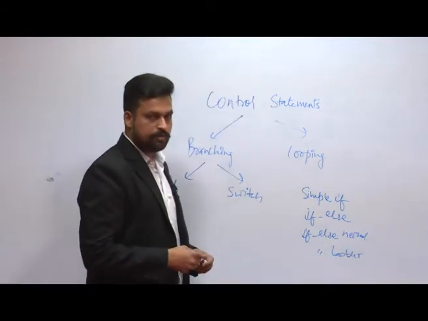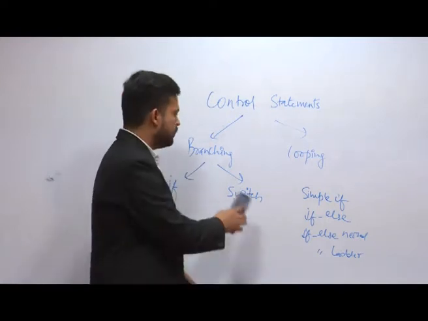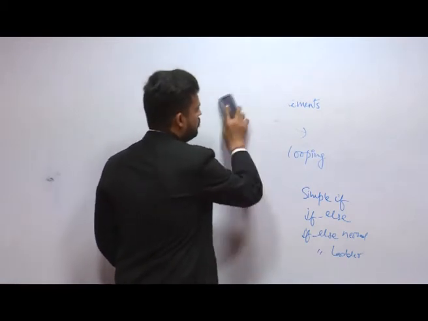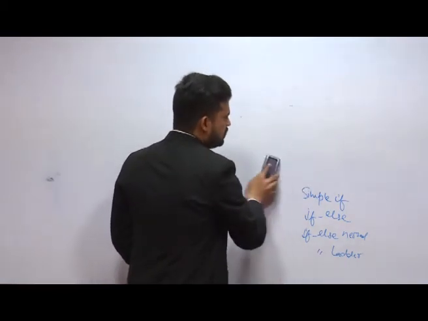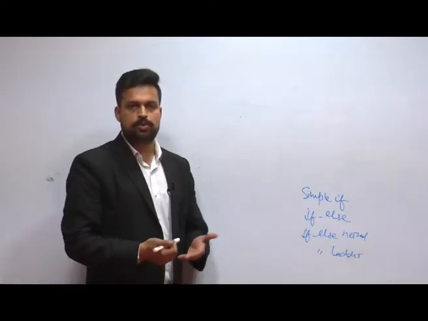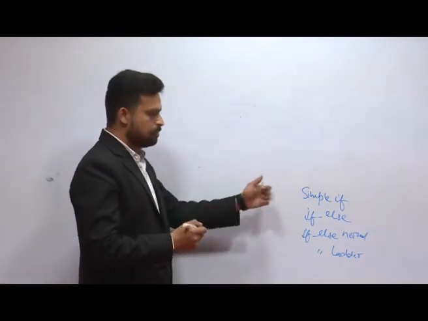So there are four different kinds of if statements available, especially in the C programming language. I am going to discuss now the simple if statement. There are three things: first is the flowchart, second is the syntax, and third is the actual program which we can run and implement. So first is simple if.